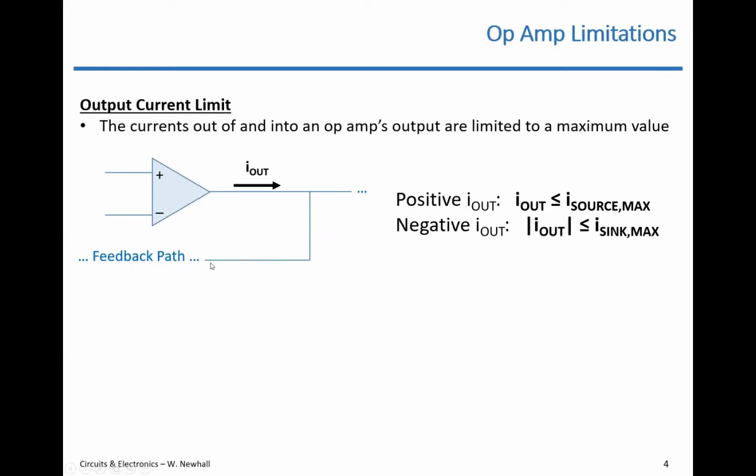You don't want your resistors too small, because if your resistors are too small in your feedback path, then you're going to use all of your output capacity of your op amp in your feedback path. So in the future, when you're designing something for some future class, don't make these resistors in the feedback path too small, because by Ohm's law, that would require a lot of current, and you're going to use up all of your current capacity of your op amp.